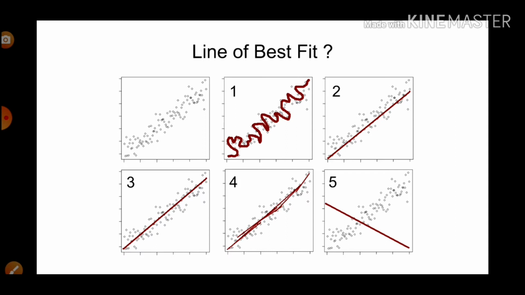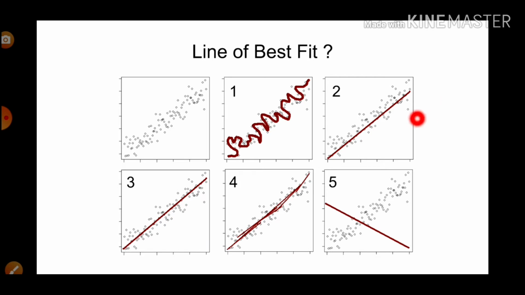Numbers 2, 3, 4 look good, but which one is the best one? The line of best fit has to be number 3. The reason is it has to have the same number of points on the top and the bottom, so above the line and below the line I should have a similar number of data points.